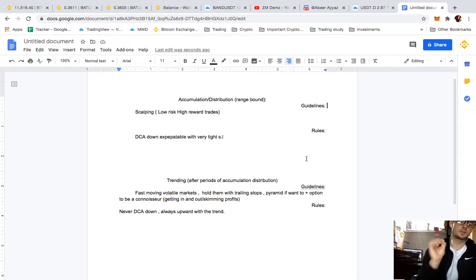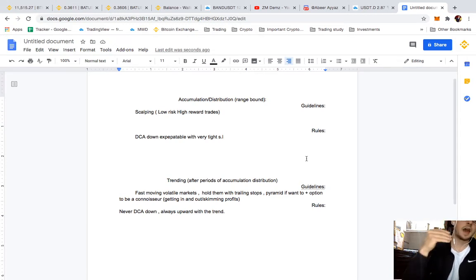So first thing you have to do when it comes to trading, you have to define the market that you're in. Some people say that there's 6 different market types, 7 different market types, but realistically they break down into 3: up, down, sideways. Okay, and then expands from there.